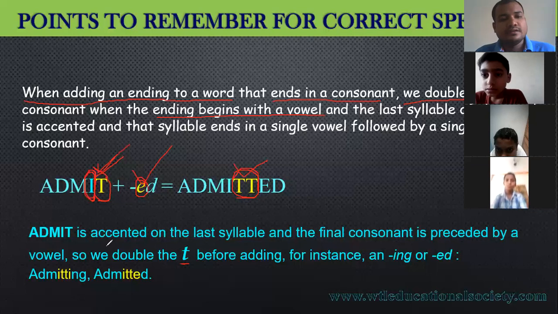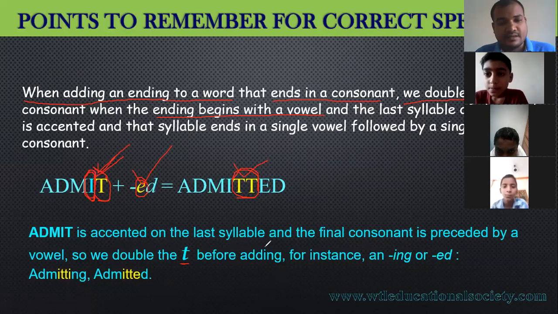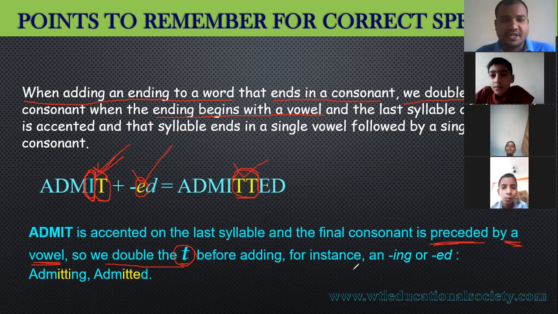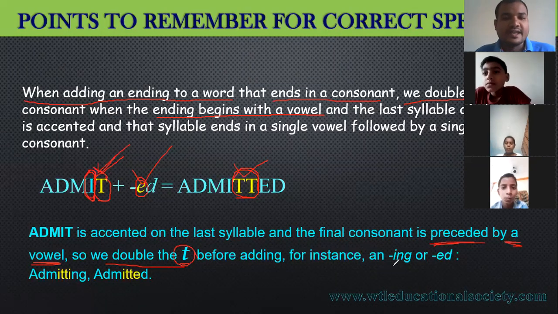Admit is accented on the last syllable and the final consonant is preceded by a vowel. Right? So we double the T. That's why we double the T before adding, for instance, an ing or ed.